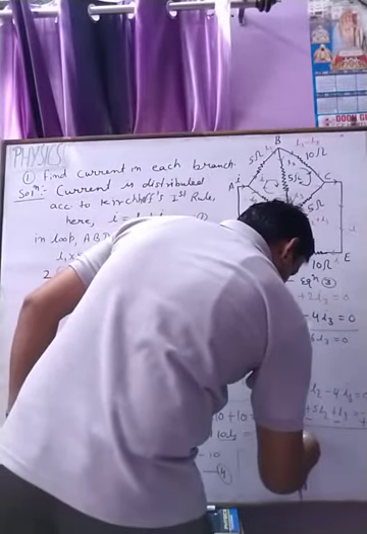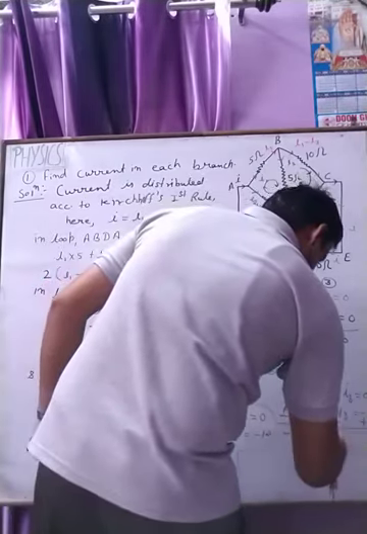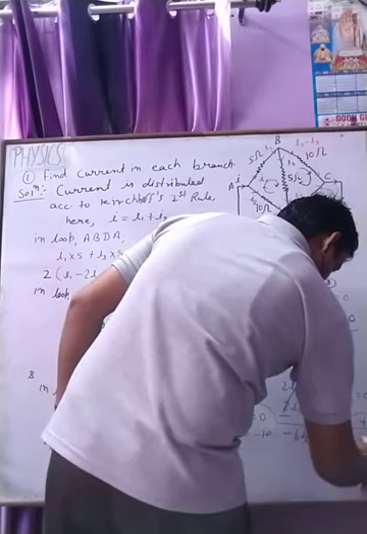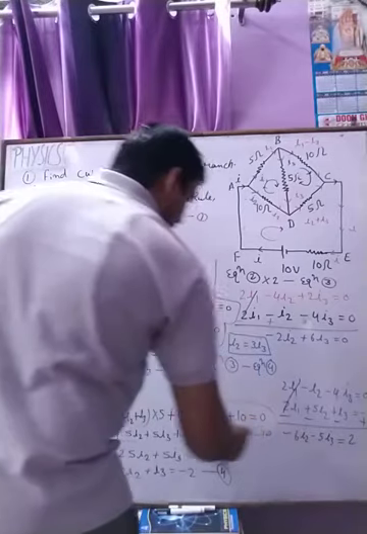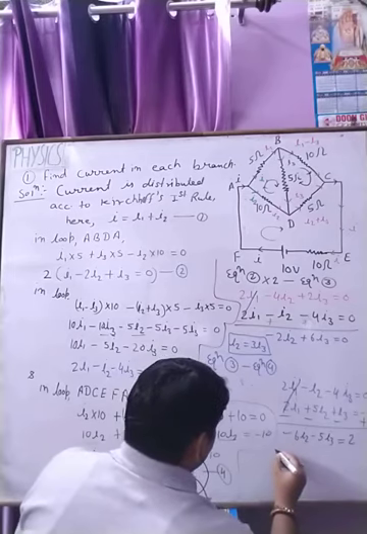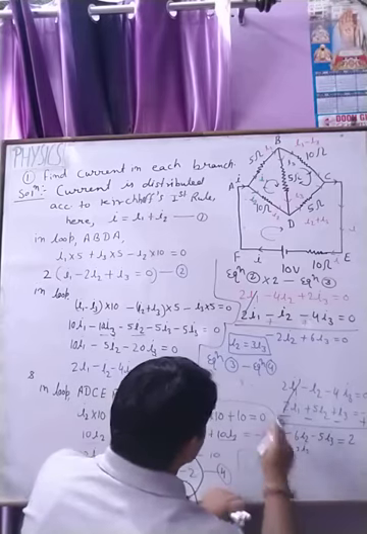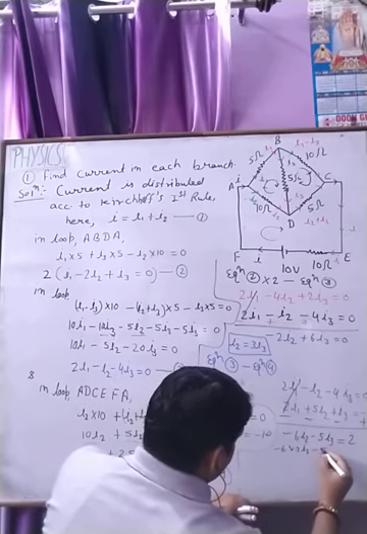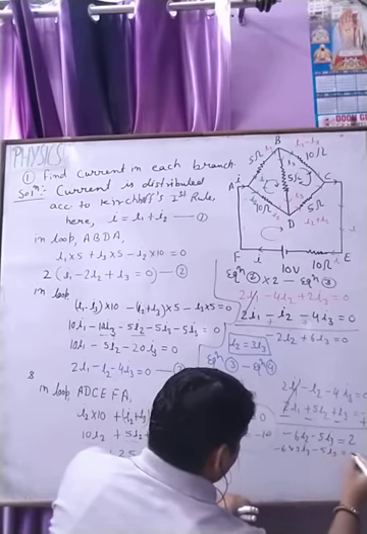We find minus 8I2 minus 5I3 equal to 2. Okay, now on putting the value of I2 from this, we get minus 8 into 3I3 minus 5I3 equal to 2.